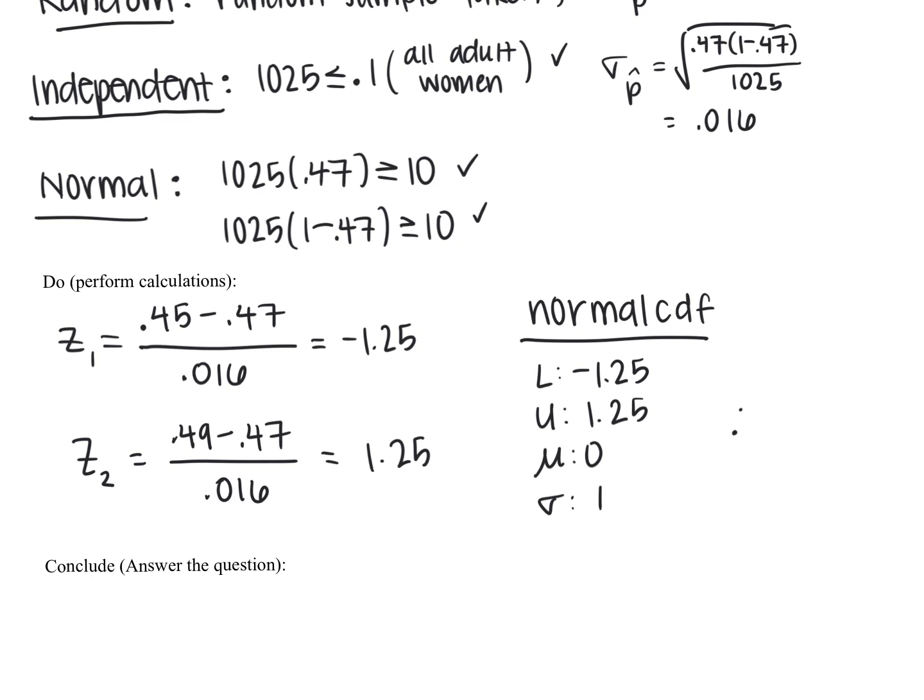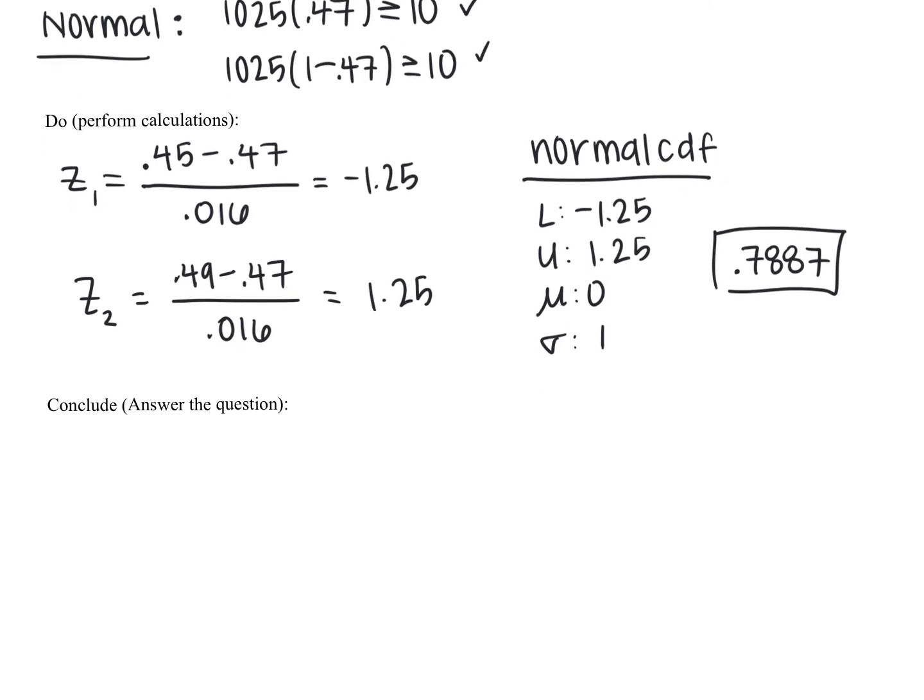And we're going to get 0.7887. Again, you have the other option at this step, instead of calculating your two z-scores, do normal CDF with your lower bound being 0.45, your upper bound being 0.49, mean of 0.47, standard deviation of 0.016.